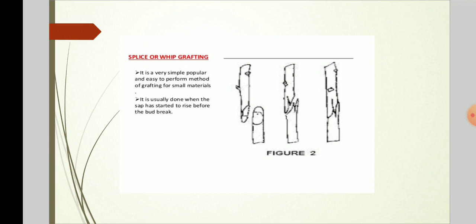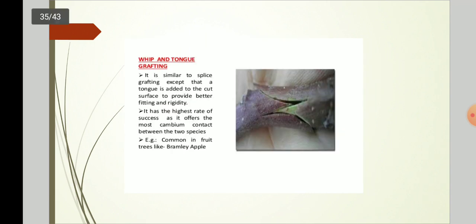First is splice or whip grafting. It is a very simple, popular and easy-to-perform method of grafting for small materials. It is usually done when the sap has started to rise before bud break. Second is whip and tongue grafting.